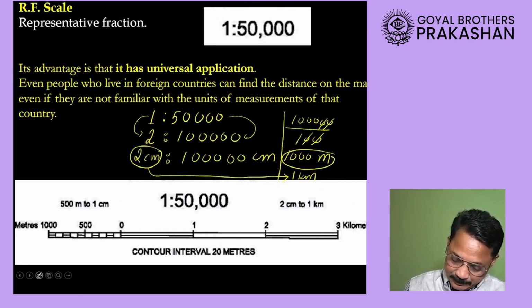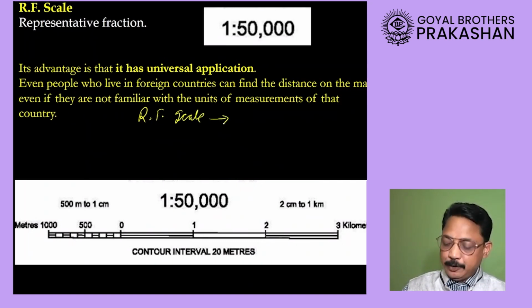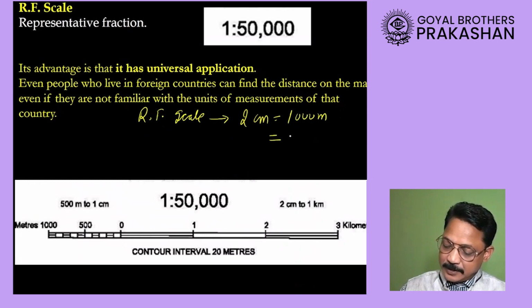It means we can very easily convert a representative fraction. RF scale can be easily converted into a known verbal scale, which we have just done here, where we found that 2 centimeter is equal to 1000 meter, and this 1000 meter is nothing but 1 kilometer.